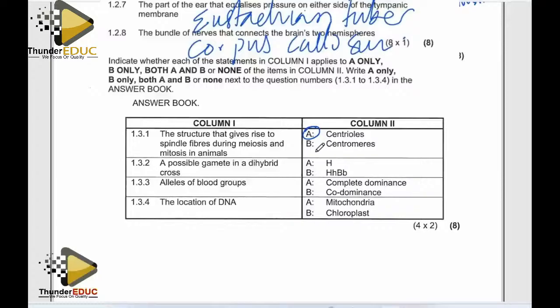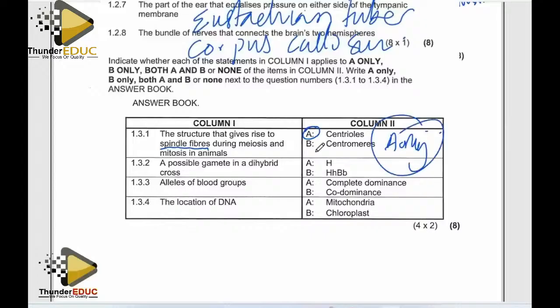Because they say the structure that gives rise to spindle fibers during meiosis and mitosis. Did I say animal? Yes, it's animal cell, not plant cell, because plant cells form what you call the cell plate. So in this case, the spindle is from the centriole. So the answer is A only. We want the word only.